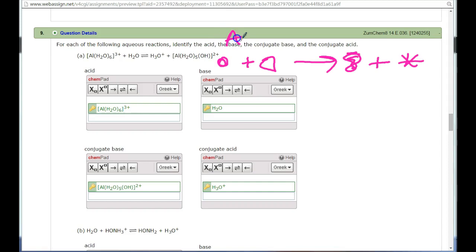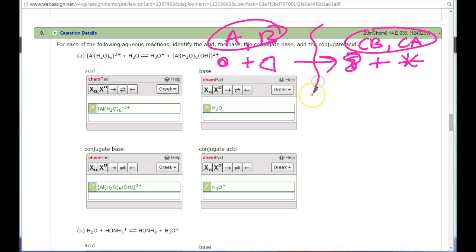On this side can only be the acids and the bases, and on this side can only be the conjugate acids or conjugate bases. So you would never have those on the right side, and you'd never have those on the left side. They're segregated to their sides. And again, the acids are the ones that lose an H, and every acid has a conjugate base, and the bases are the ones that gain an H, and every base has a conjugate acid. So they have these opposite pairs.